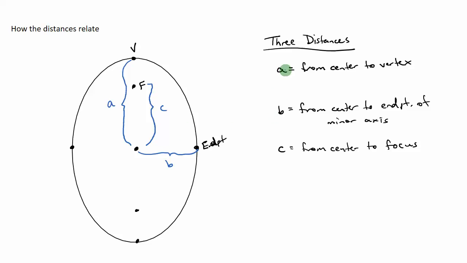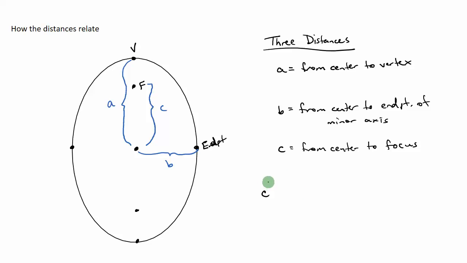Now these are labeled the same way for a horizontal ellipse as well. Now the relationship between these distances is as follows. We usually start with C, and this is very similar to the Pythagorean theorem if you're familiar with that. If not, I won't go further into it, but it'll look similar.